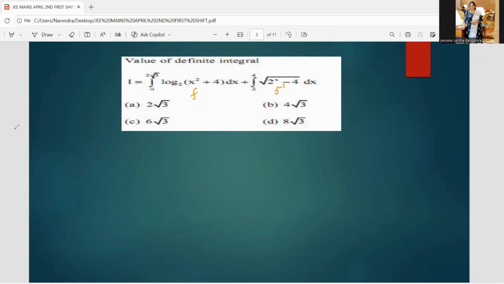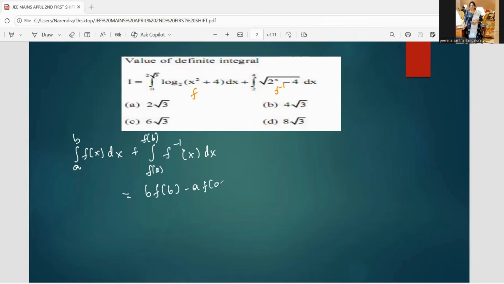And we have a standard result here: integral a to b f(x) dx plus integral f(a) to f(b) of f inverse of x dx is equal to b f(b) minus a f(a). If you are aware of this standard result, it exactly matches with the given integration.